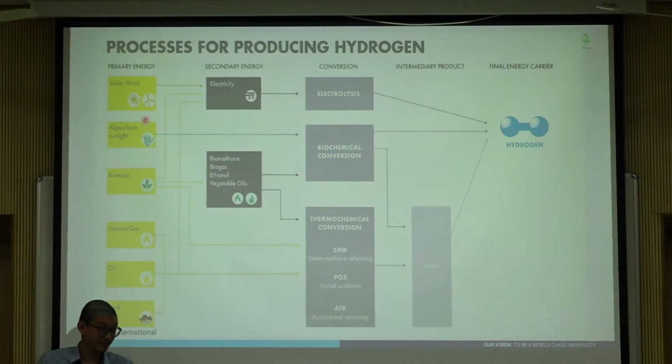So yeah, these are the technologies to produce hydrogen. Not all of them are green technologies. I just show you all the potential technologies that can produce hydrogen. Currently, our hydrogen production mainly depends on natural gas, which is basically methane.